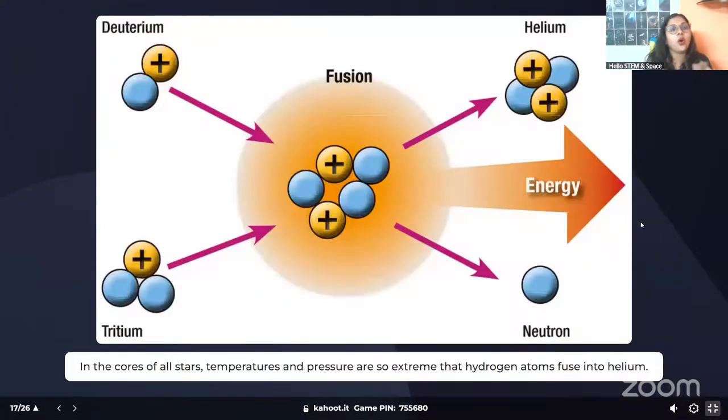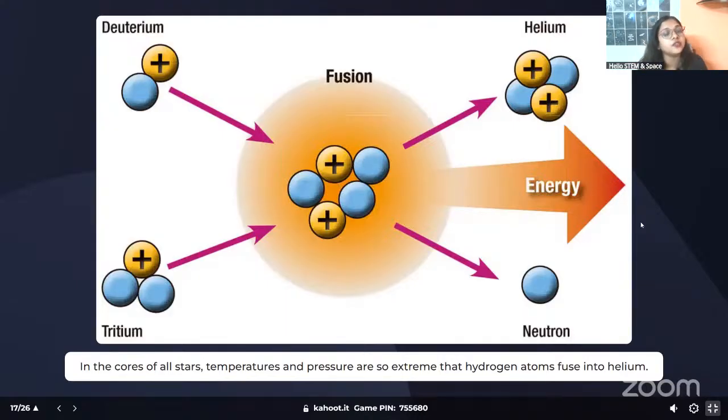So all stars, not only the sun, every star is burning because of a process called fusion. What happens is two hydrogen atoms combine to form a heavier atom. So lighter atoms combine to form a heavier atom. In this case, it forms helium, but it won't stop at helium.